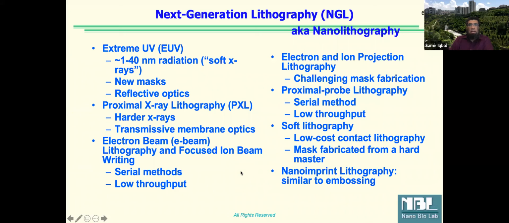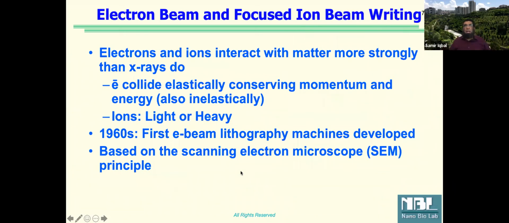All right, so electrons interact with matter more strongly than X-rays. And essentially when an electron strikes matter, 2-3 reactions happen. Because of the law of conservation of momentum and the law of conservation of energy, it's going to give its energy to other electrons, to other particles.